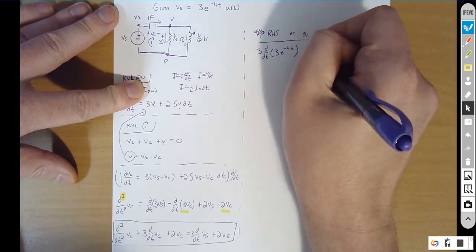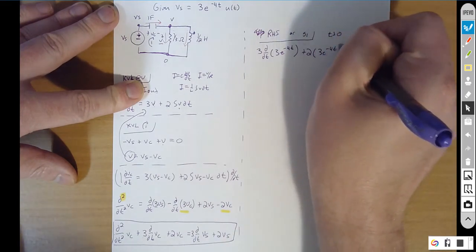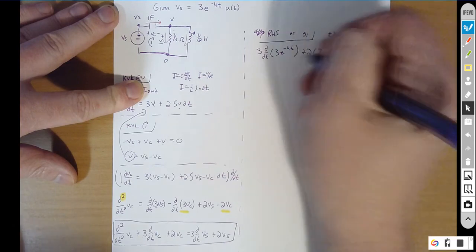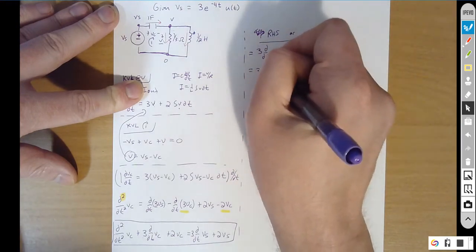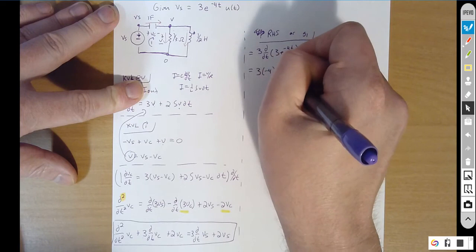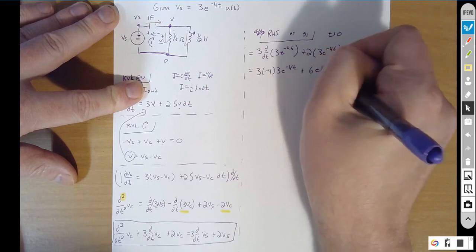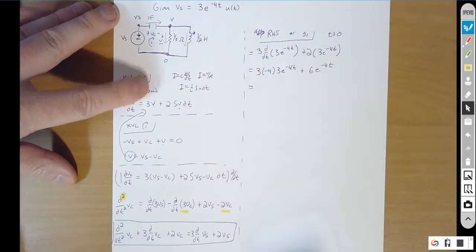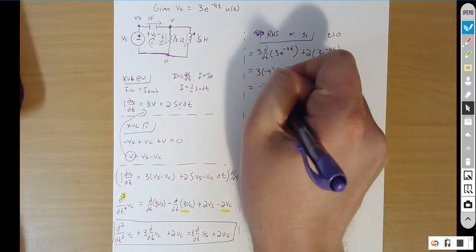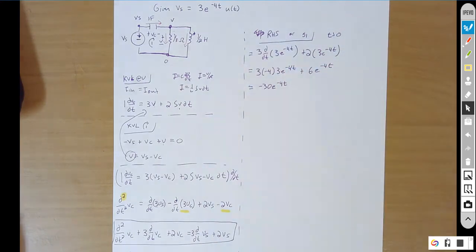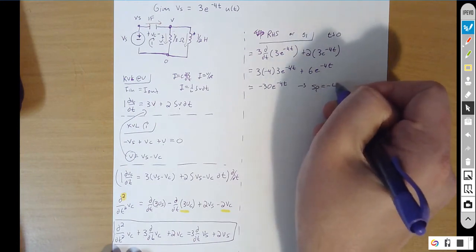Plus 2 times 3e to the -4t. Then we simplify: the derivative becomes a -4, giving 3 times -4 times 3e to the -4t, plus 6e to the -4t, and simplifying we get -30 e to the -4t. So that means s particular is -4.